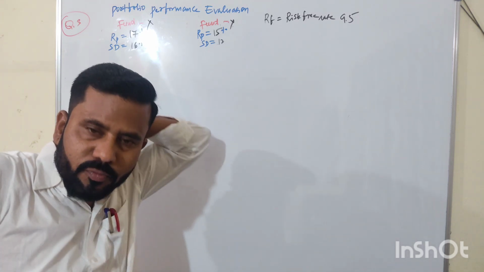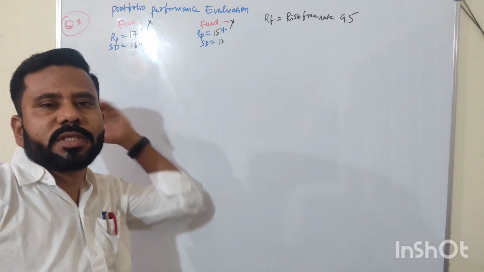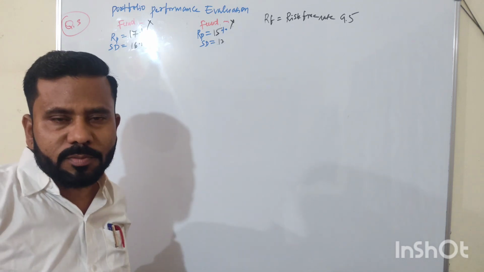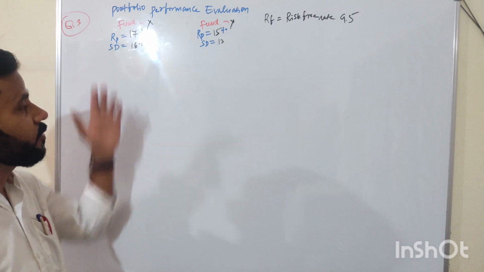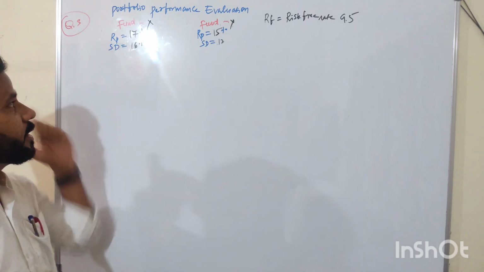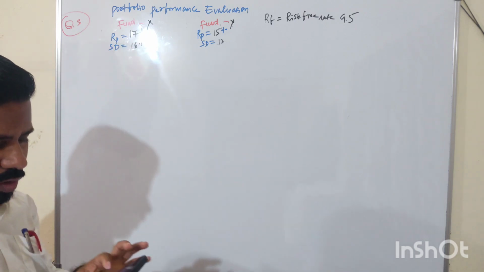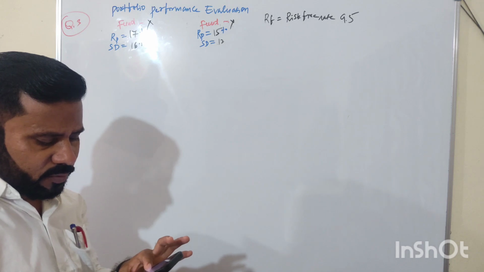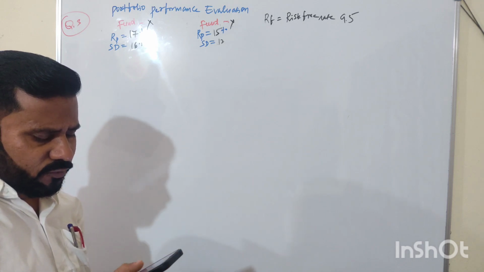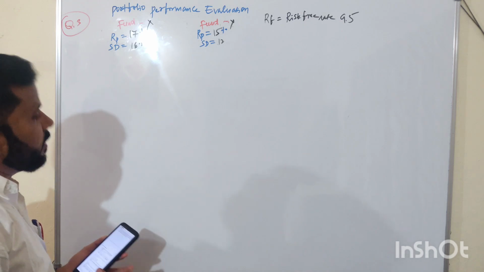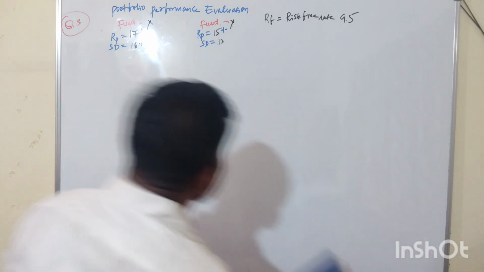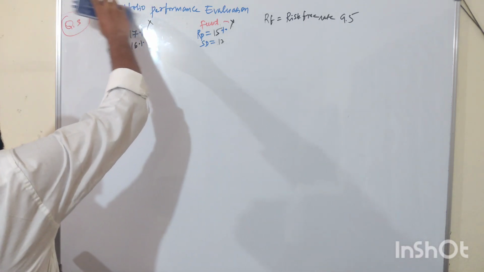If you ask me, sir, where are the questions? These questions I have already sent in our WhatsApp group. You can even check that. So let me go through all the given information of question number 3. Here also the two portfolios' information is given. The portfolio names are A and B.